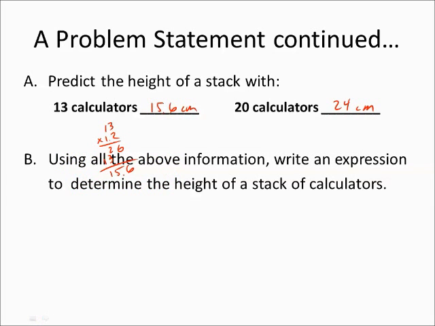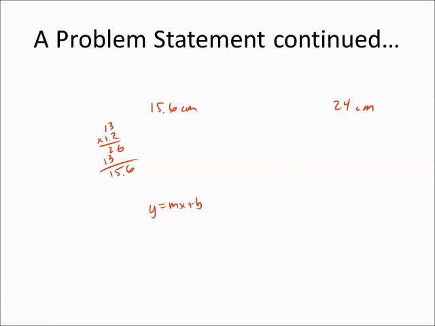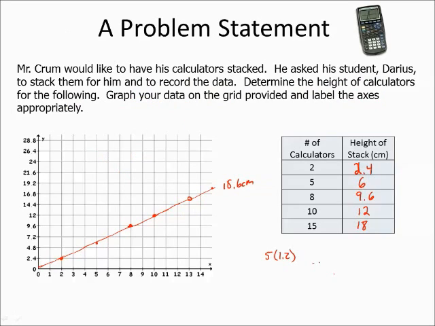So just by using all the above information, write an expression to determine the height of a stack of calculators. Well, the easiest way to do that is to use your y equals mx plus b. Now if you go back and look at your graph, you can see that it has a y-intercept of 0. And if we look at the slope, your slope should be what it's increasing by every time. Now you can do that in many different ways. You can do 2 points and do y2 minus y1 over x2 minus x1.